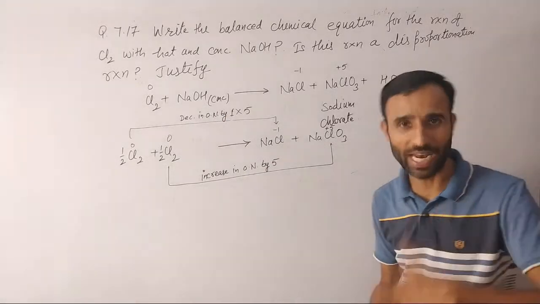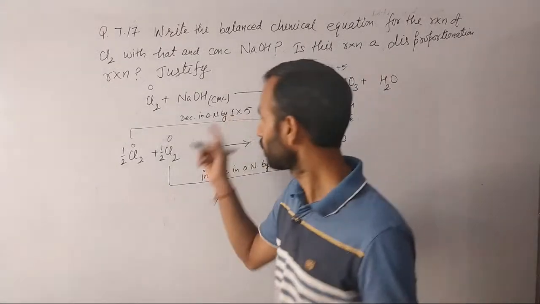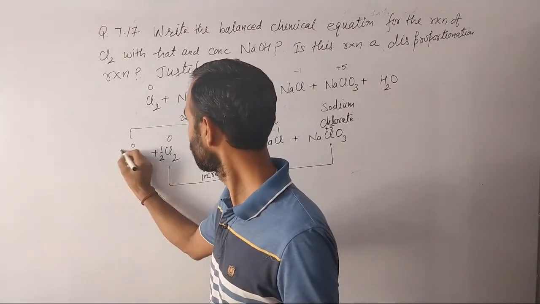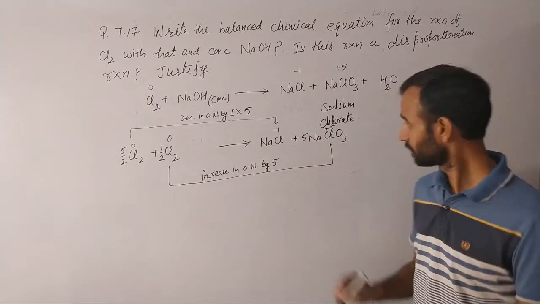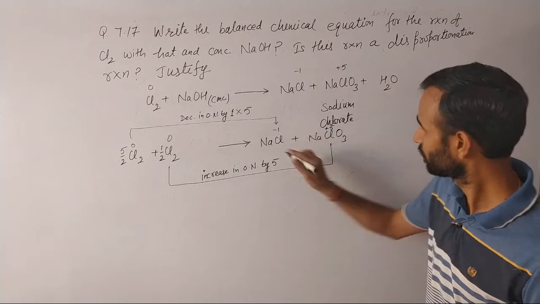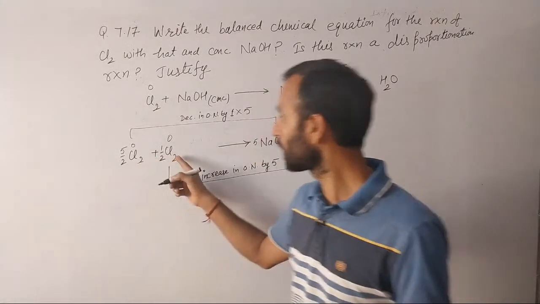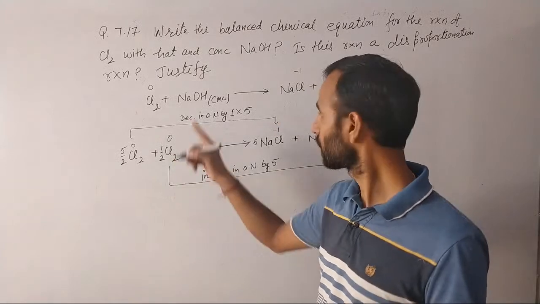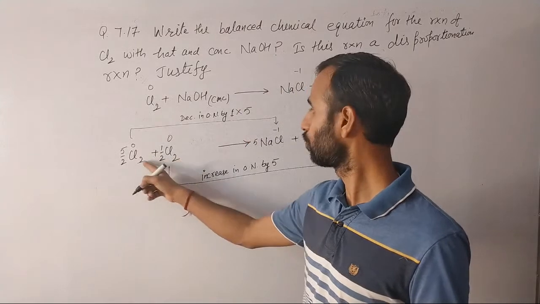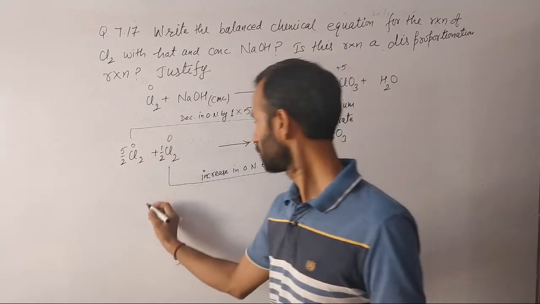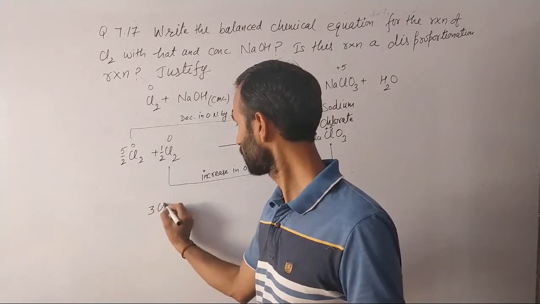That is how we balance the charge or oxidation number. So if we multiply, it becomes 5 by 2 Cl2 plus half Cl2, so it becomes 3 Cl2.